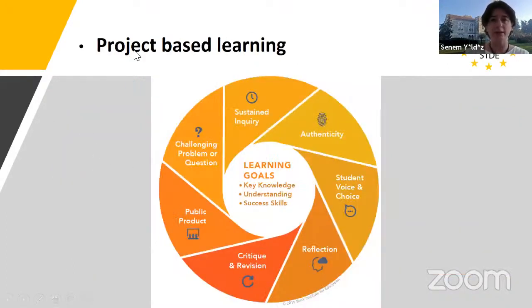Project-based learning is where the students are trying to build knowledge by carrying out certain research, collaborating with each other, and taking responsibilities. They reflect on problems and issues.